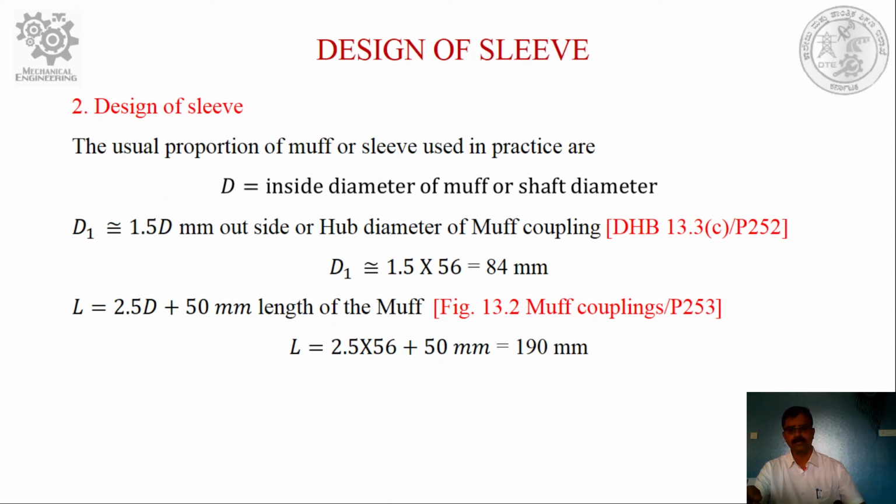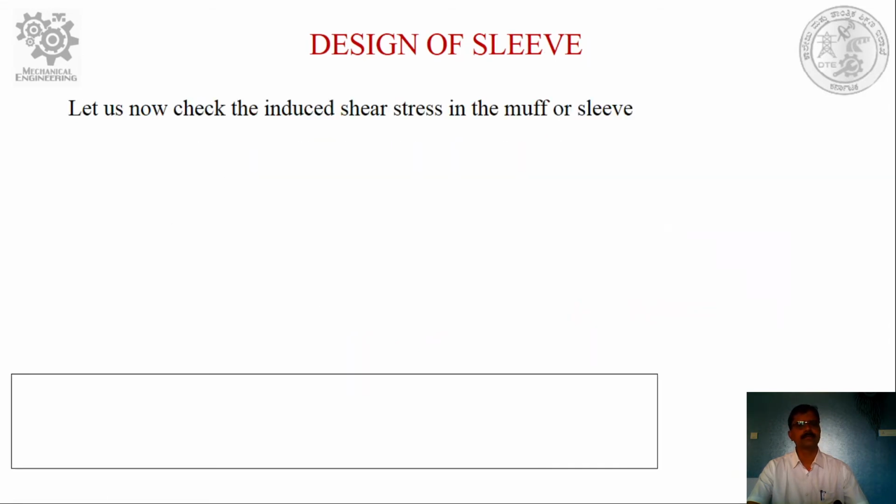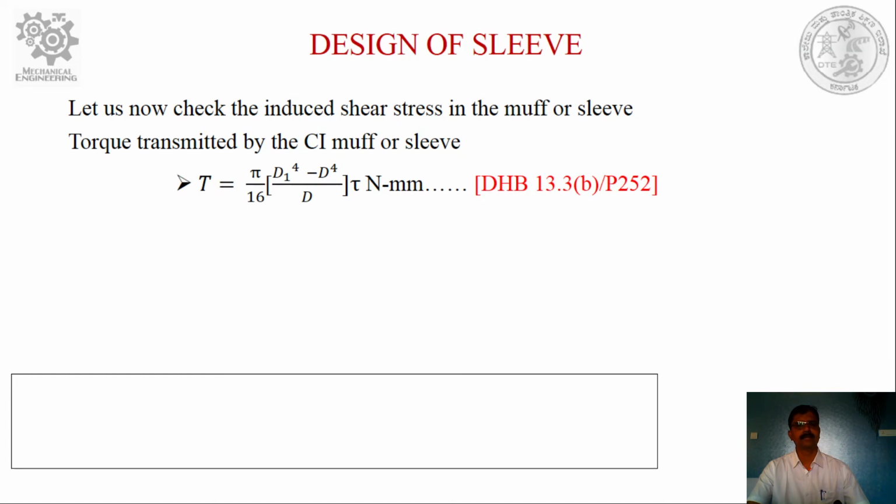We have taken these dimensions from the empirical relations. Now we want to check if the design is safe or not. Let us now check the induced shear stress in the muff or the sleeve. Torque transmitted by the cast iron muff or the sleeve is given by T is equal to pi by 16 into (D1 to the power of 4 minus D to the power of 4) divided by D1, into tau, in Newton millimeter.